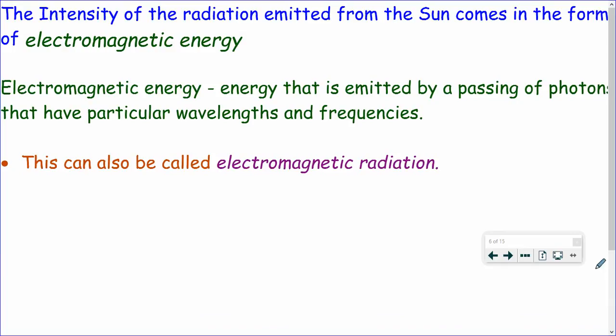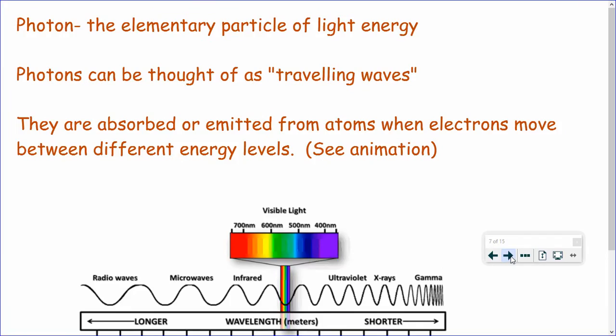How photons are created, and we're going to get a little bit into chemistry here. Photons are the most elementary particle of light energy, and we can think of photons as little tiny traveling waves that, as Einstein discovered, have mass, even though it's infinitesimally small. And they are also thought of as energy.